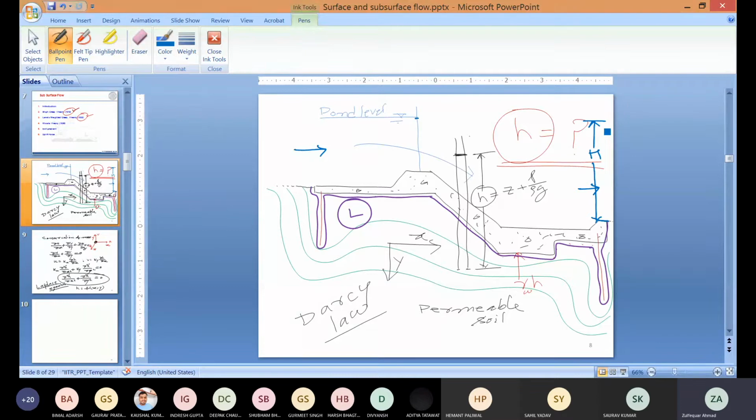So the hydraulic gradient as per Bligh is just H by L. And this hydraulic gradient remains the same whether we are talking about this point, or this point, or this point, whether the flow is going downward or upward. So this is just a length.